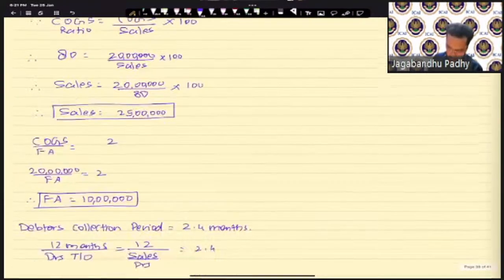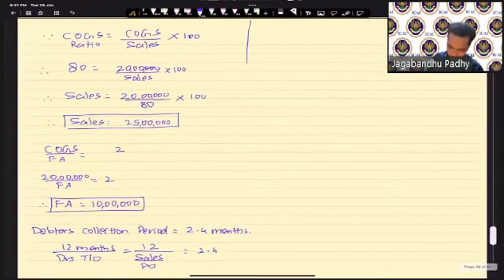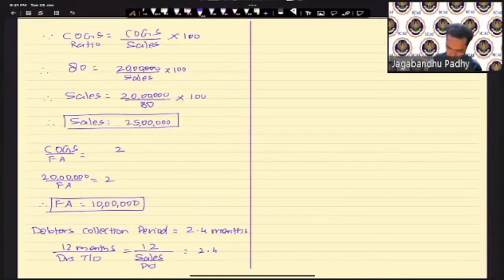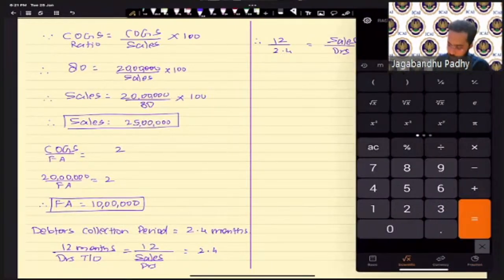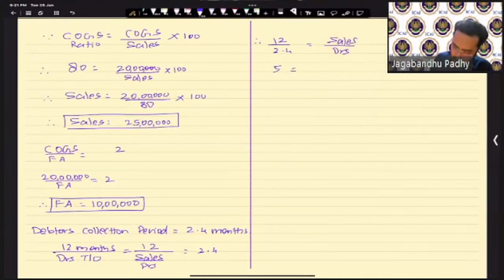So simplifying this further, we can say that 12 by 2.4 is basically sales by debtors. So 12 divided by 2.4, that's 5. So 5 is actually sales divided by debtors, and we know that the sales figure is 25 lakh.